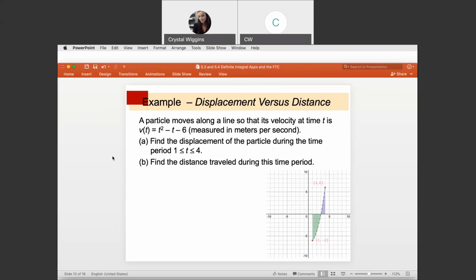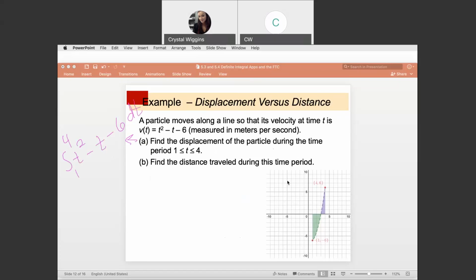Hold on, let me get my pen ready. So for part A, we have the integral from 1 to 4 of t squared minus t minus 6 dt. Remember, we can take the antiderivative of each of the terms separately.